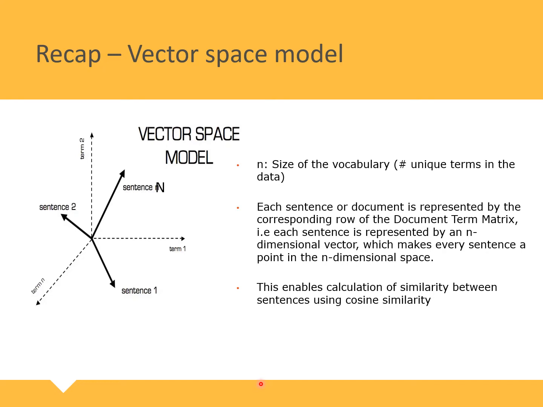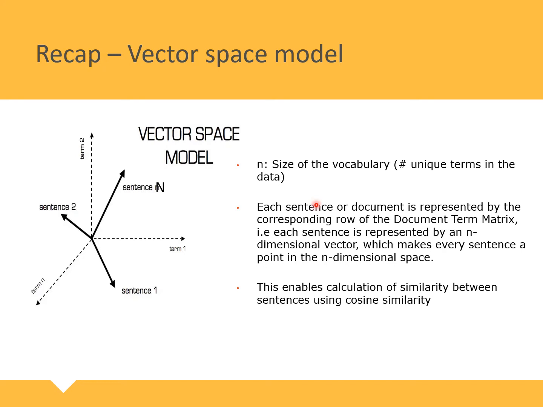The reason we are doing this recap is because latent semantic analysis is actually an improvement, an extension of the vector space model that we previously discussed. So what was the vector space model doing? The vector space model was representing every document in a vector space of a certain dimension, and the dimension was determined by the size of the vocabulary.